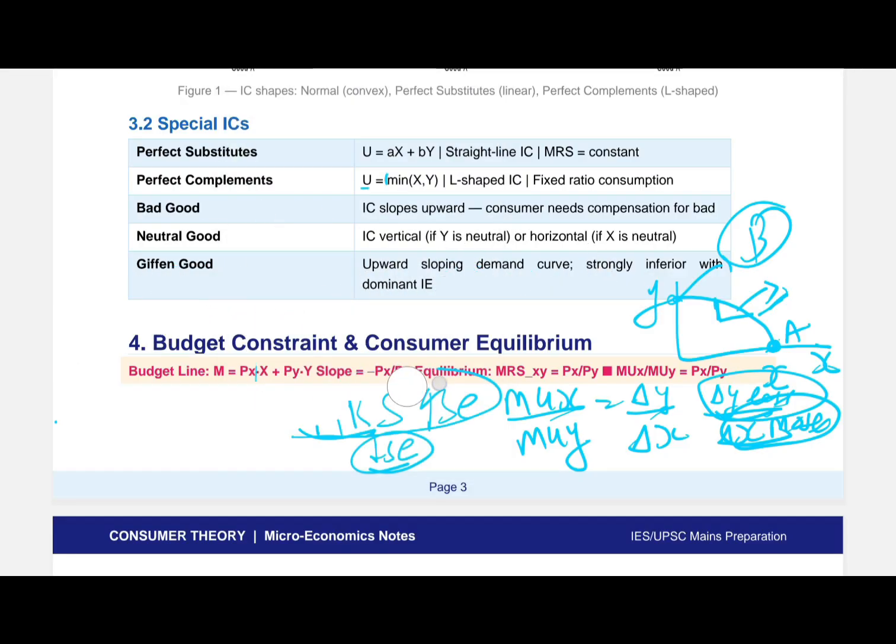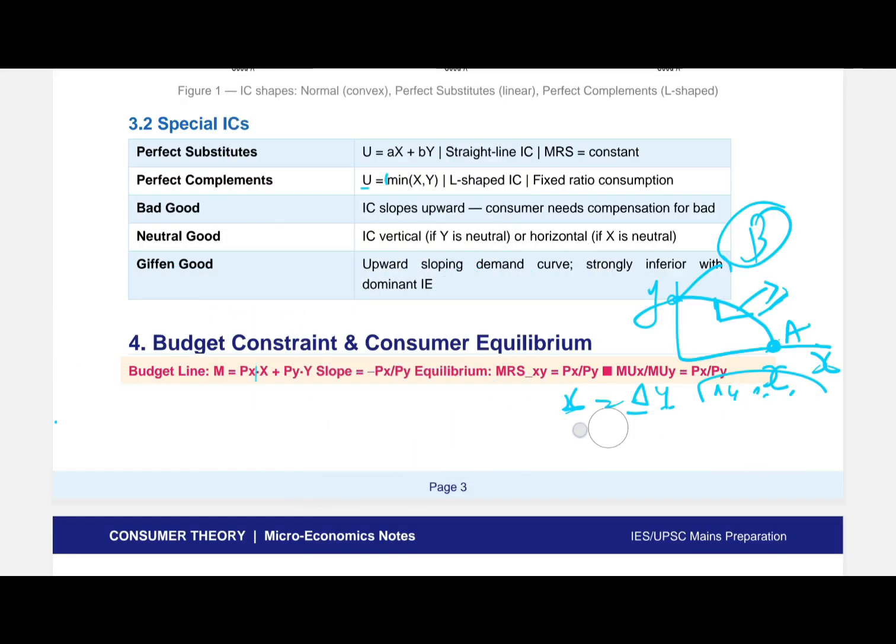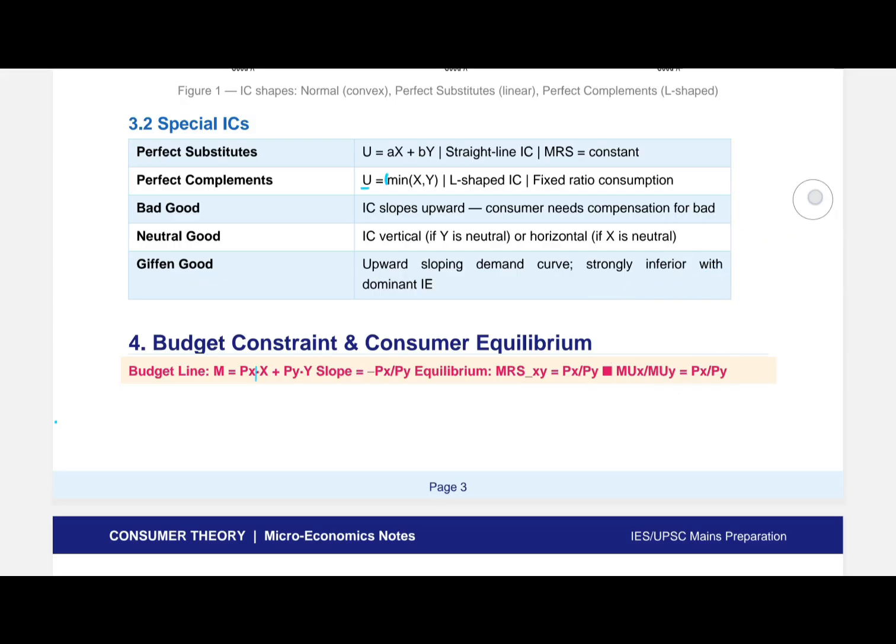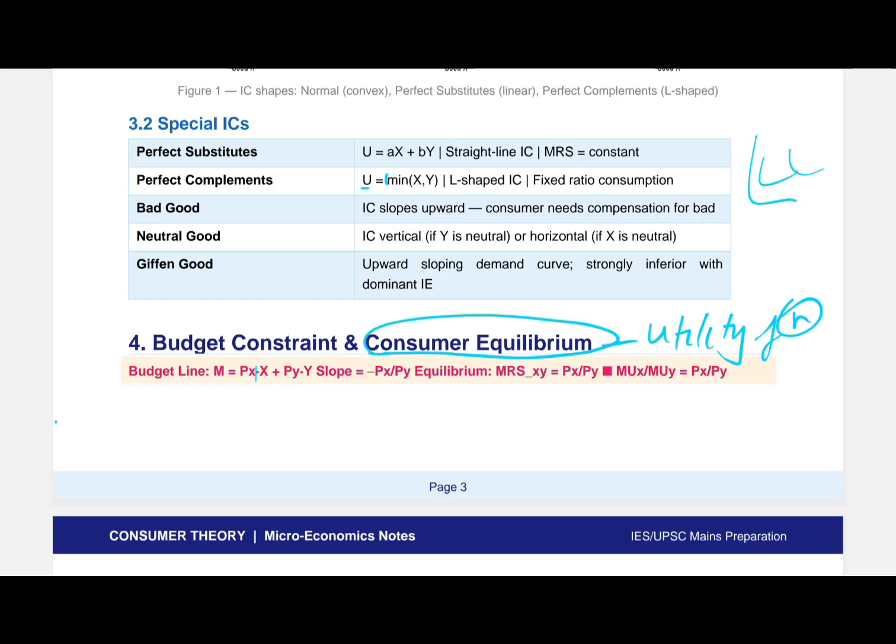So these are some special cases of the indifference curve concept. Now to find the consumer equilibrium in the utility function: the higher the IC, the more utility we get, but we can't go higher and higher because there is a constraint. What is the constraint? The budget constraint.